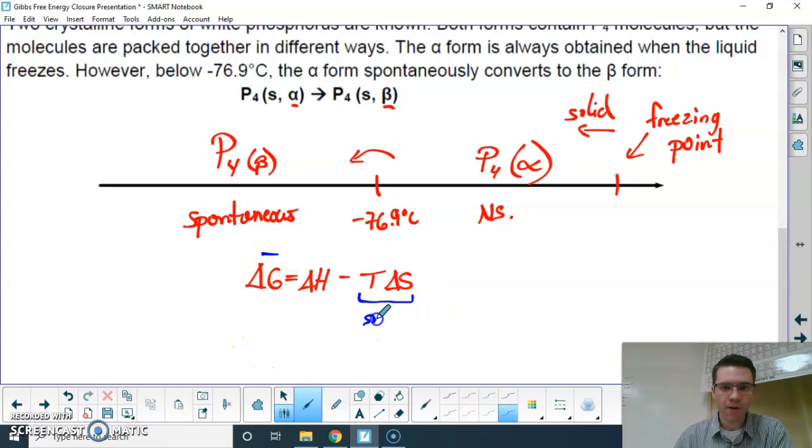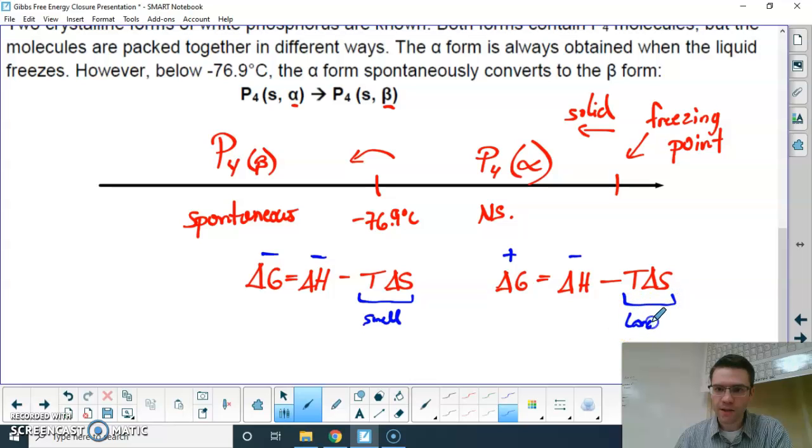Well, when T is small, think of 0, the smallest number, that means this number here, delta H, needs to be negative. And if I want delta G to be positive at high temperatures, I already determined that delta H should be negative. If I want this to be positive at high temperatures, well, at a high temperature, this term right here is going to get large.